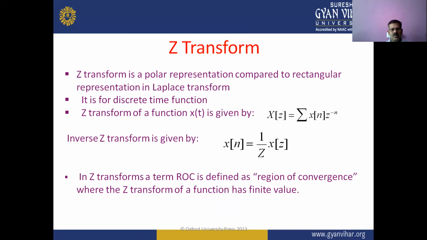The inverse Z transform is given by x(n) equal to 1 upon 2 pi j times the integral of X(z) z to the power n minus 1 dz. In the Z transform, the term ROC is defined as the region of convergence, where the Z transform of a function has a finite value.